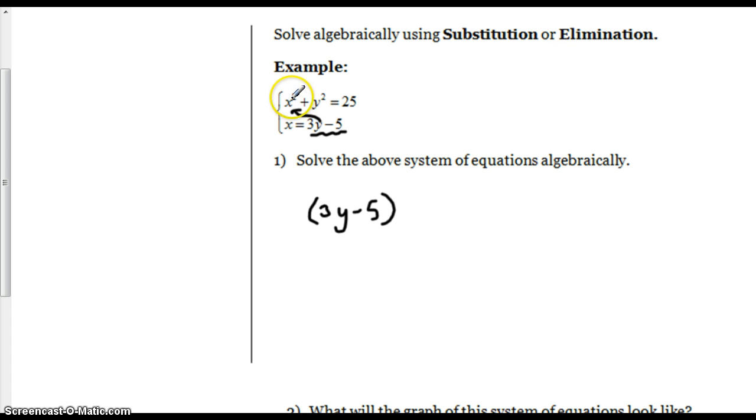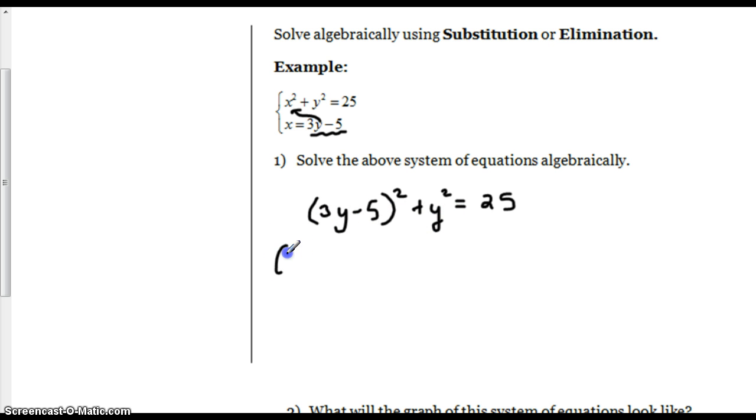And since this x is squared, we're going to square 3y minus 5. Then we're going to add y squared and equal to 25. So we have combined these two equations. We've placed what we saw x was solved for and placed it into the first equation. Now all we do is solve for y.